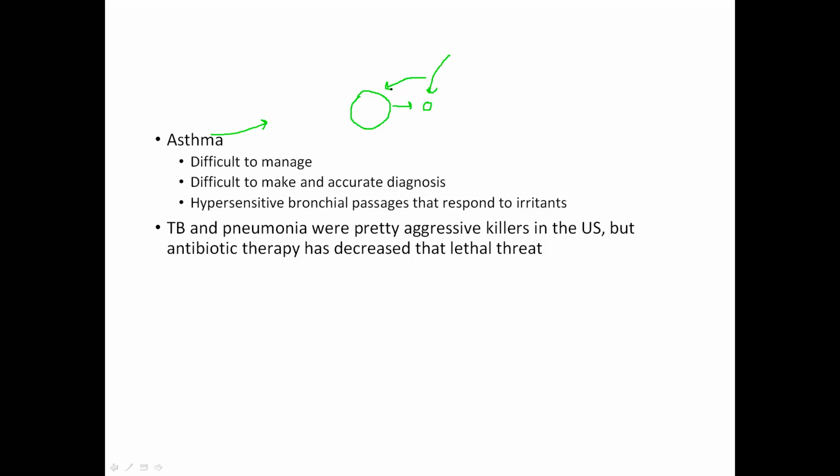Another issue that can hurt the lung field is tuberculosis. And then another one would be pneumonia. Pneumonia is a very common nosocomial infection, which means you went into the hospital with a broken arm and then you walked out with pneumonia.